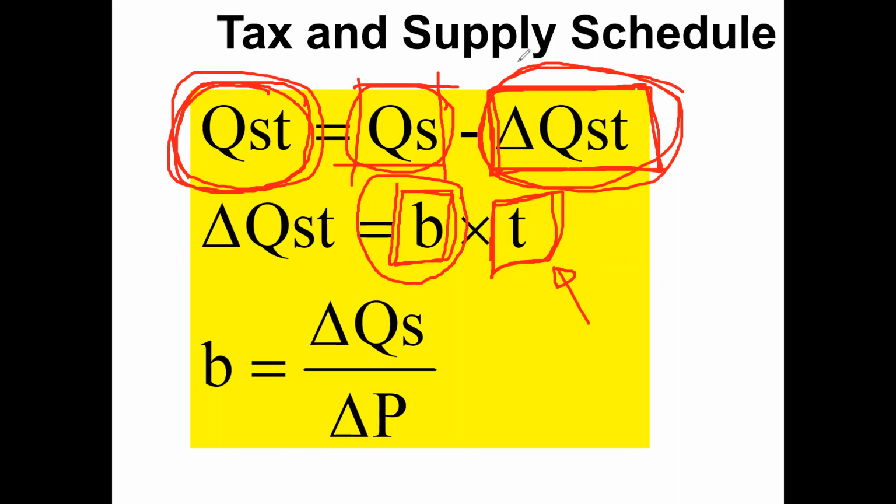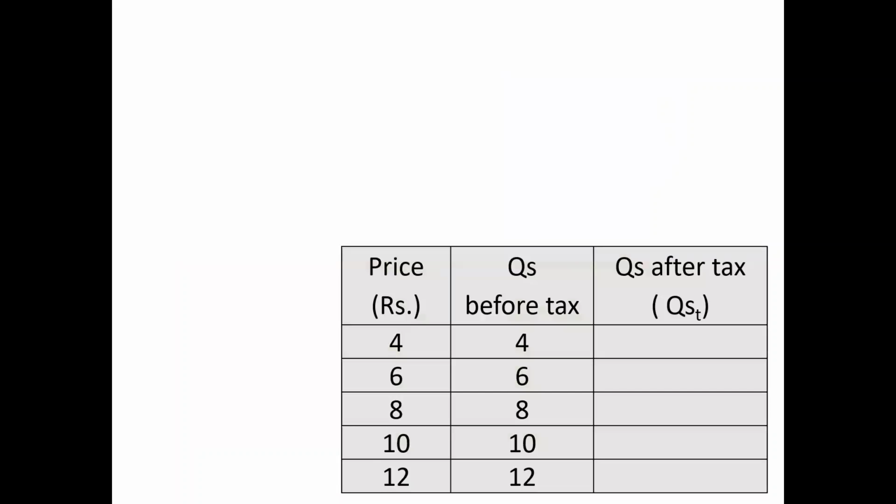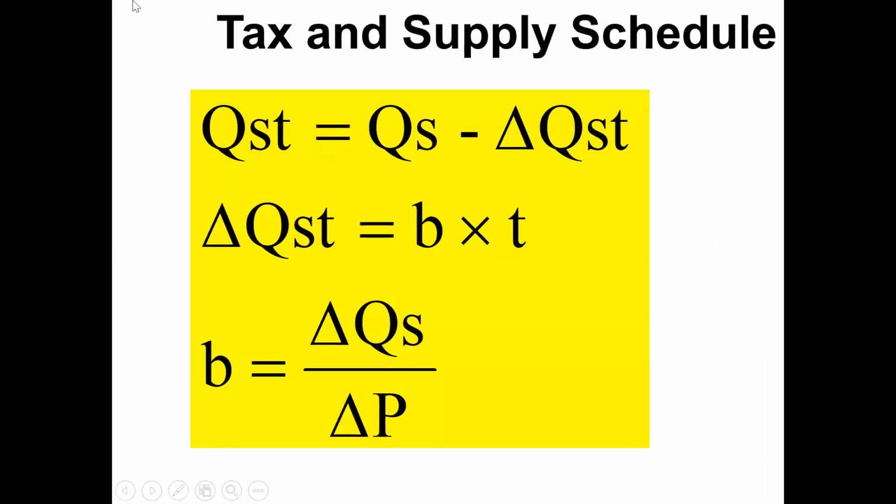One example. Look at this example. Assuming you are given the supply schedule, prices and supply quantities are given here. You are supposed to find the supply quantity after tax, where the tax is 2 rupees. Start the calculation from here.